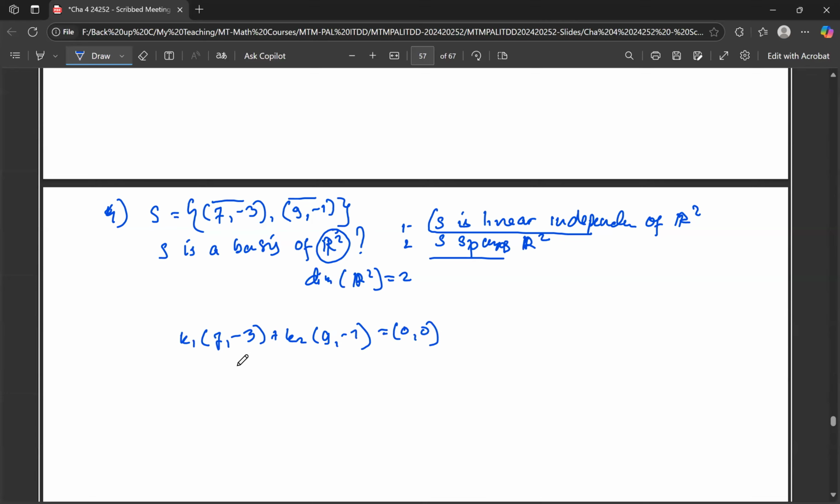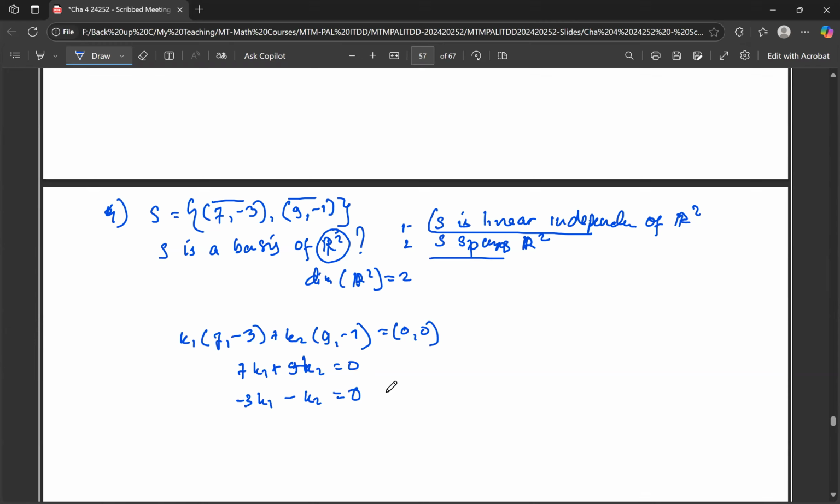Then we have 7 Q1 + 9 Q2 = 0 and -3 Q1 - Q2 = 0.